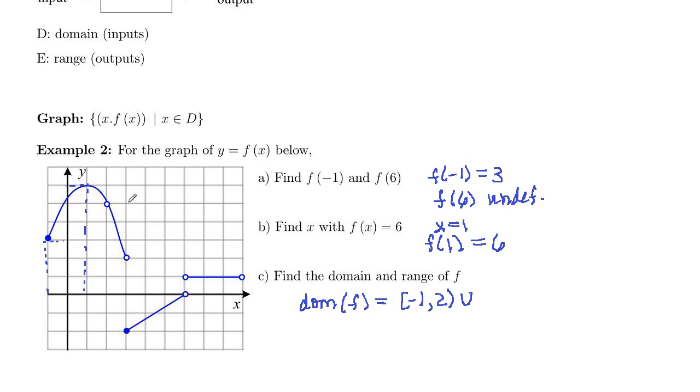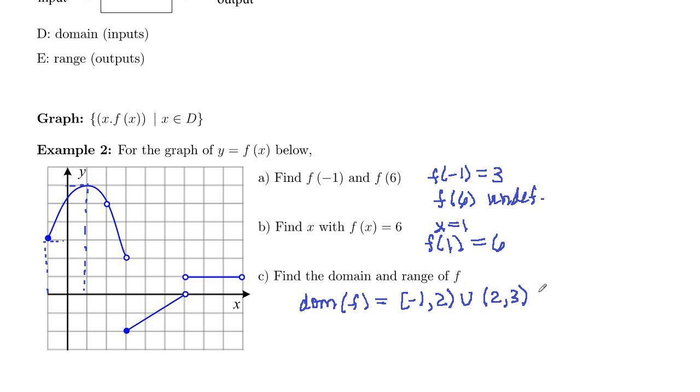And then it picks up at 2, and we've got points on the graph between 2 and 3. So union 2 to 3. And then at 3, we've got a break in the graph, but oh, the function's defined at 3, and it continues to be defined all the way up to 6.